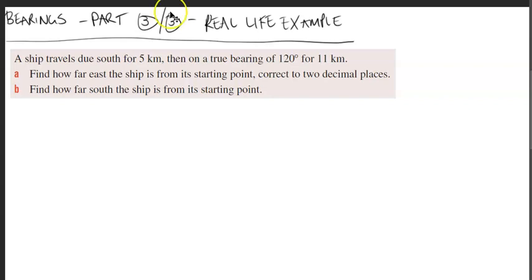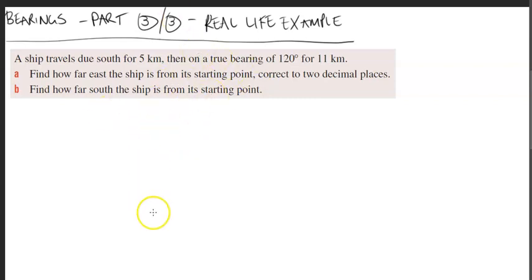We need to make sure that we draw a true representation diagram of this information in order to answer the questions here. Whatever the question is asking for will not necessarily dictate how your diagram is drawn, but there are certain features that need to be highlighted from your diagram.